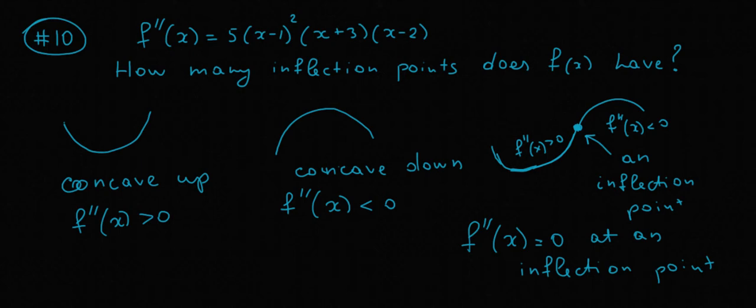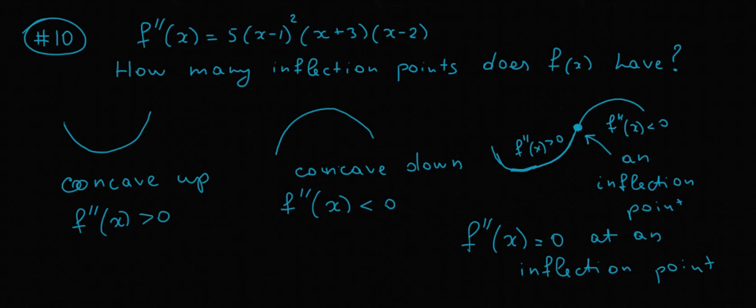If you found a point where the second derivative is 0, you cannot automatically assume that that point is an inflection point. In addition to the second derivative being 0 at a point, there should be a sign change of the second derivative at that point.